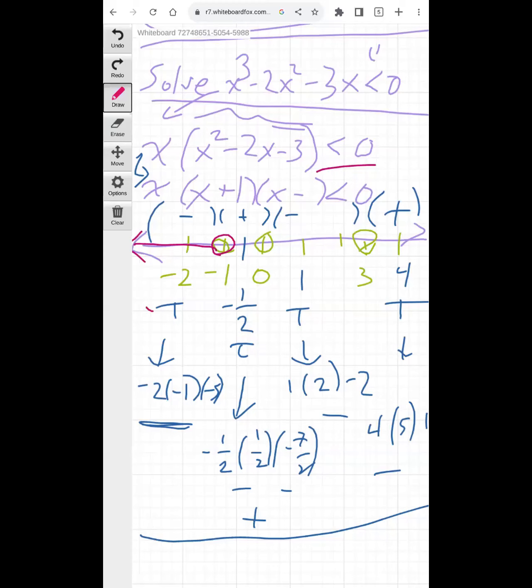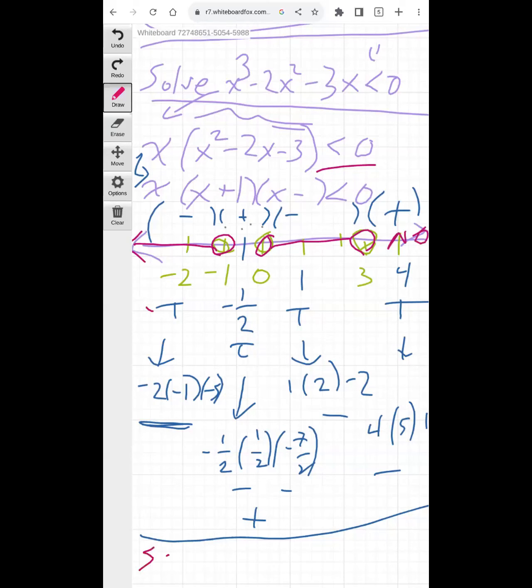Then it's positive from -1 to 0, so that's not part of the solution. But it's negative again from x equals 0 all the way up to x equals 3, where it equals 0. When x is greater than 3, it's positive, greater than 0, so that's not part of the solution.